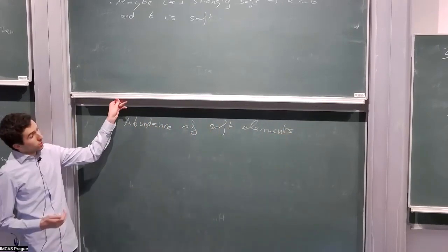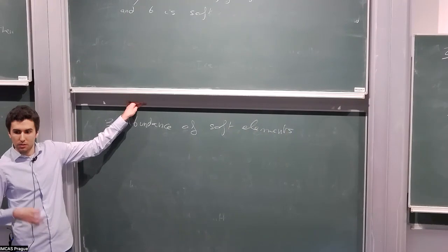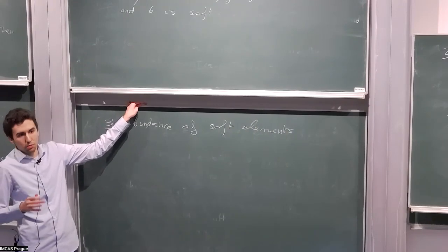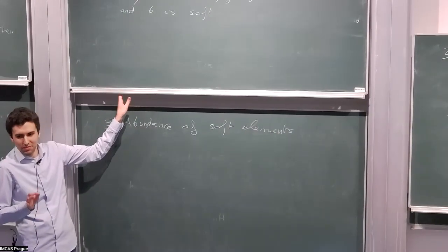So what I'm going to define is a class of C*-algebras that has many soft elements, but not many in the sense of dense. Okay.